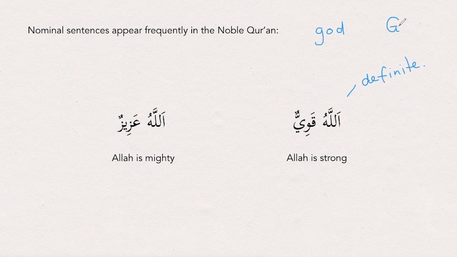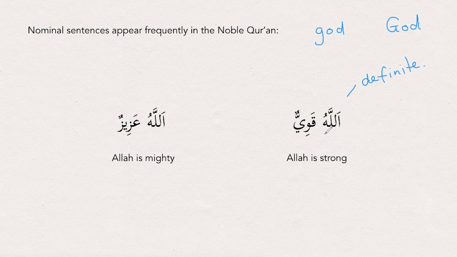So we write God with a capital G when you're talking about the one God. And in Arabic, the word Allah is the name of God. In this case, it's equivalent to writing God with a capital G. When you say Allah, we all know it's a fact that there's only one God.